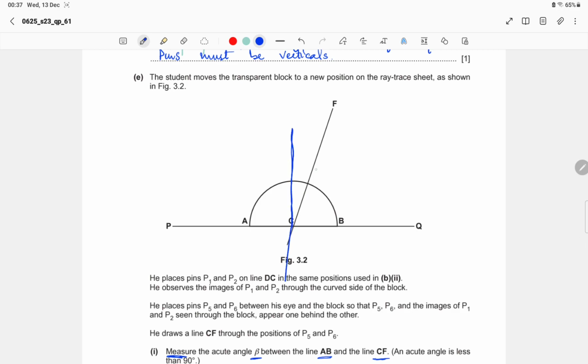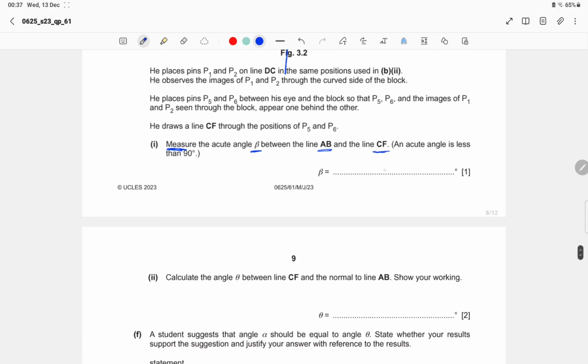If you measure this angle again, it's going to be 20 degrees. So this is the required angle between CF and AB. So this is going to be what? 90 minus 20 is 70 degrees. So I will be writing 70 degrees over here. Okay, unit is already there.